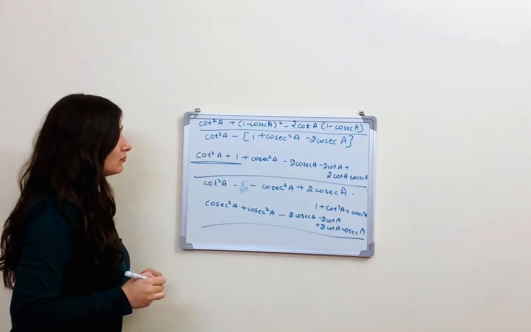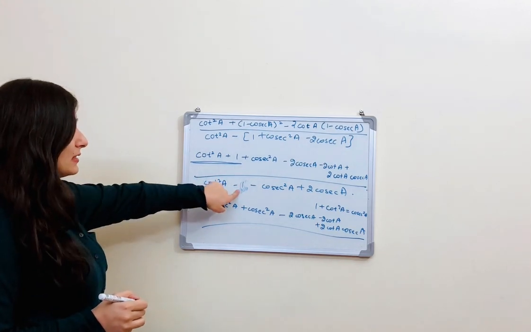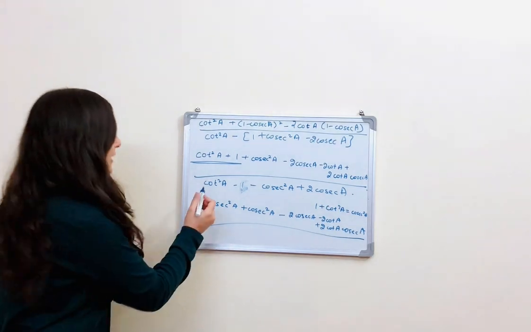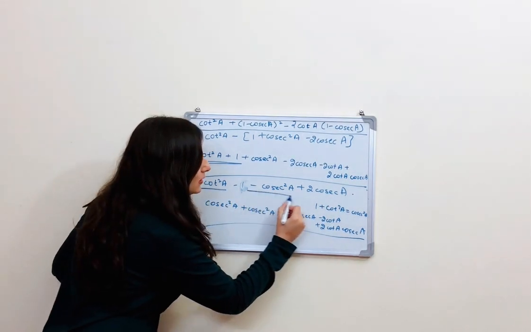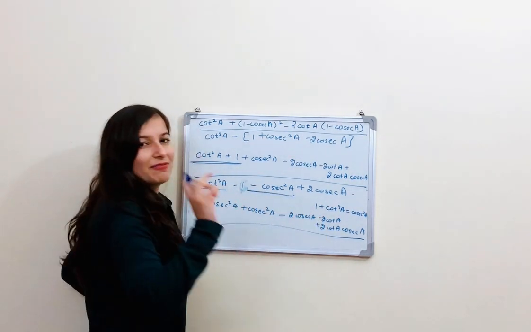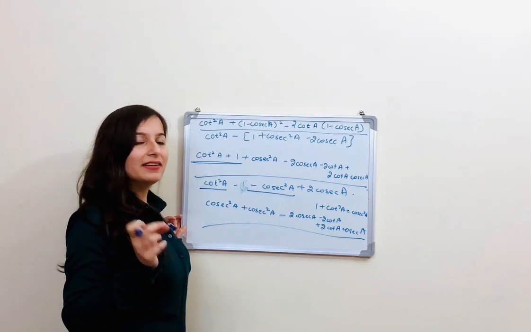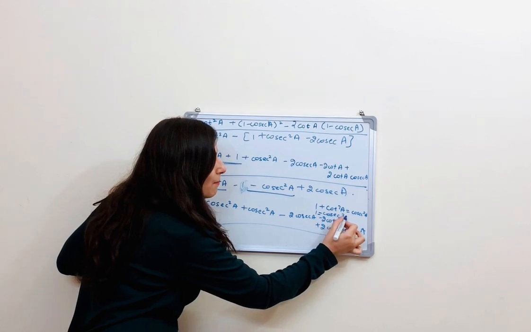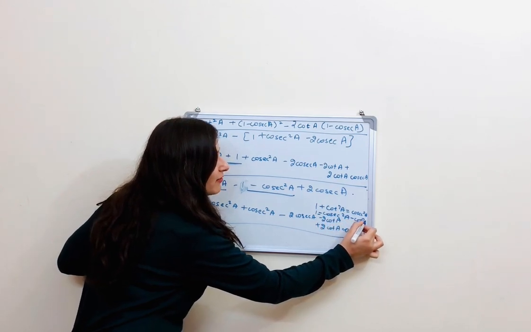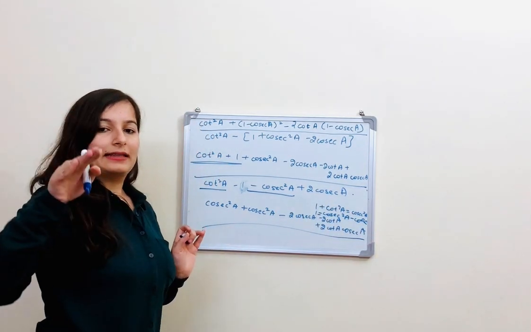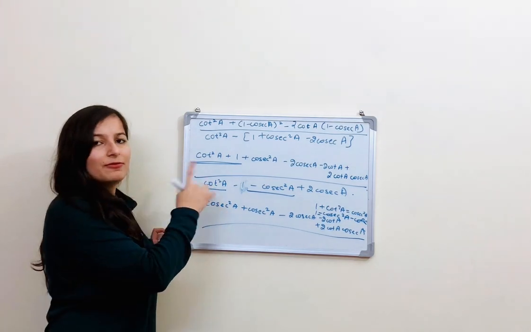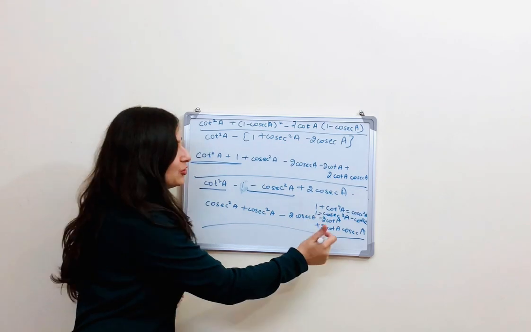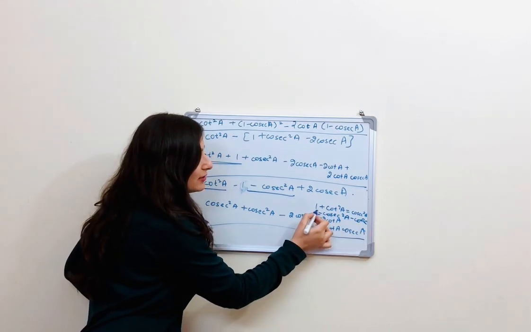In the denominator, cot square A minus 1 minus cosec square A. What does that mean? If I take the first and the third term, that means if I just modify this identity a little bit, 1 is equal to cosec square A minus cot square A. If I take cot square A that side, but here cot square A is in front of cosec square, that means we have to change the signs, and if you change the signs on LHS, RHS will also change.